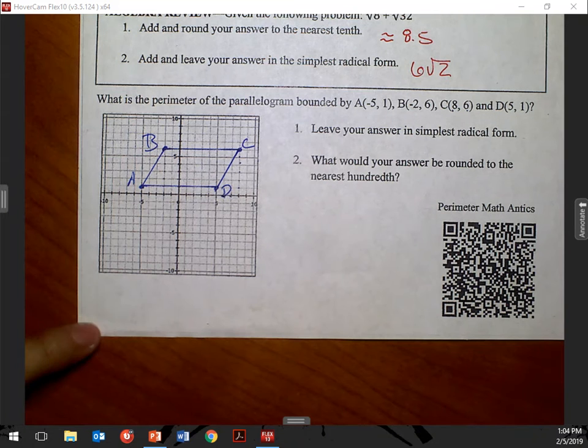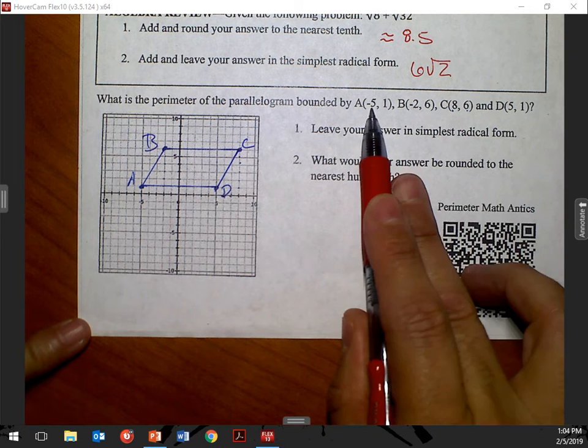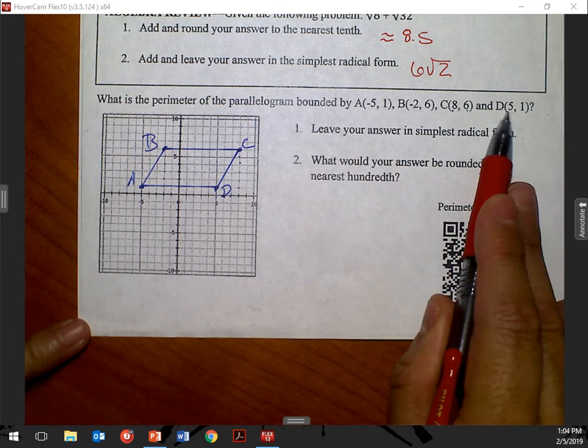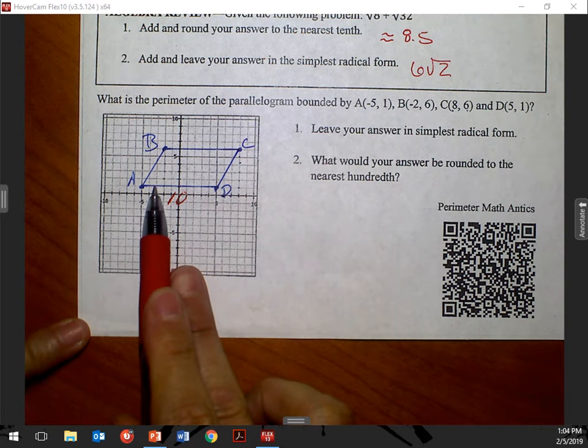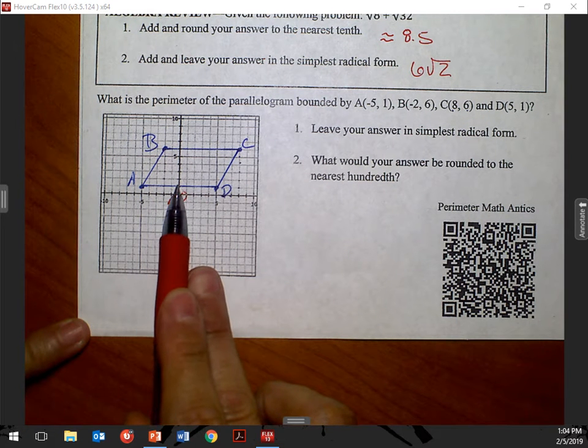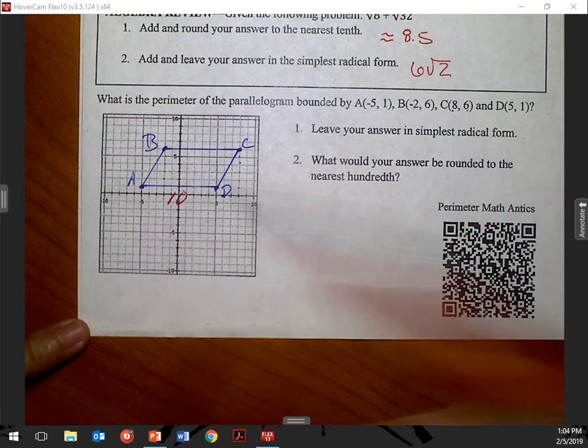No, it's about like 9, 10. Count it! It's 10. A to D. From A to D, from -5 to 5, left and right. It's 10. 1, 2, 3, 4, 5, 6, 7, 8, 9, 10.